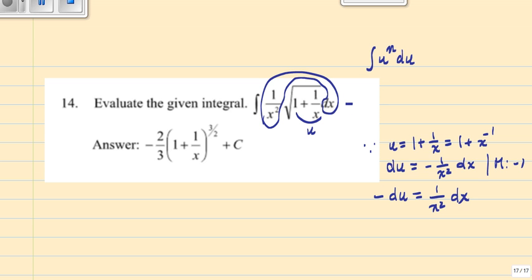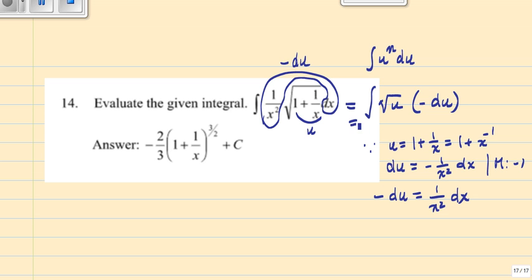minus du is equal to 1 over x squared dx. So now this becomes integral 1 over x squared dx is minus du, and this one is square root of u times minus du, because this is minus du in here, and this is your u.